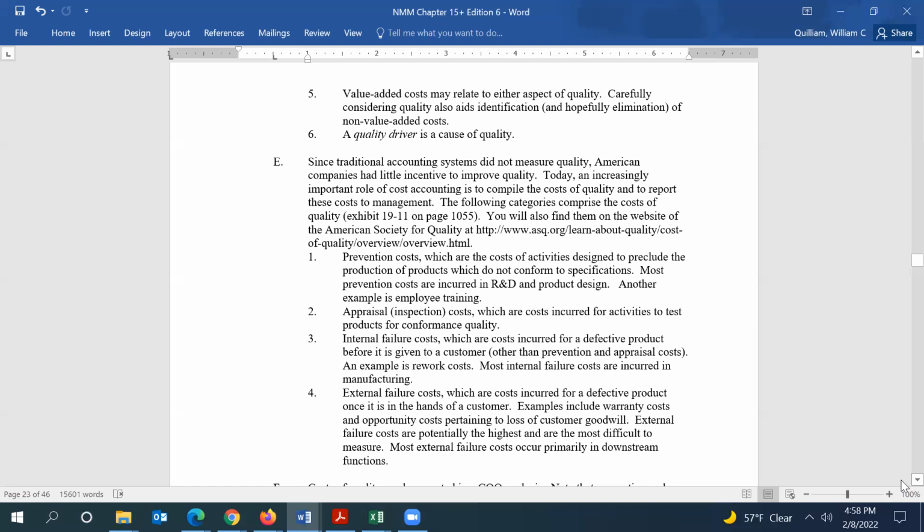Well, if we do find a defect, we've got two choices. We can either dispose of the product, just trash it, or we can rework it, which means we can fix it. So let's say that we're manufacturing shirts. Well, some shirts, we catch defects in them that we can fix, and they're very common.